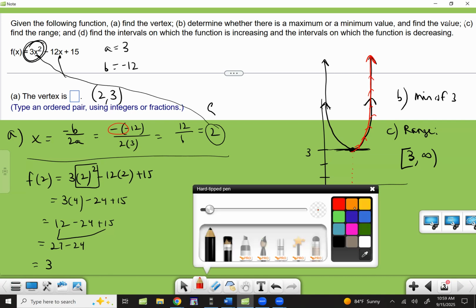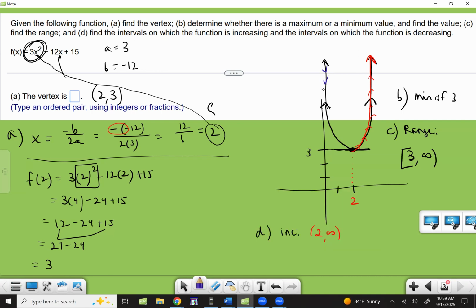But if we look at when we're decreasing, we can see it's decreasing on the left side of that. This whole time it's decreasing. So that, the decreasing, is going to be from negative infinity all the way up until 2 parentheses.